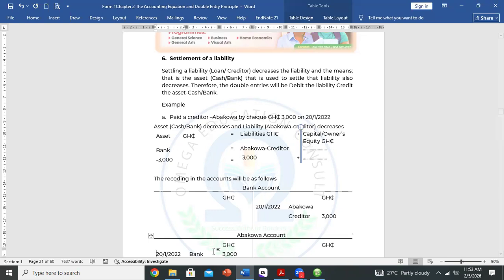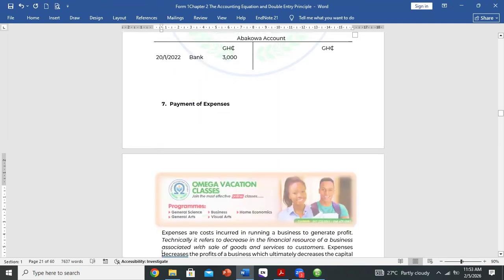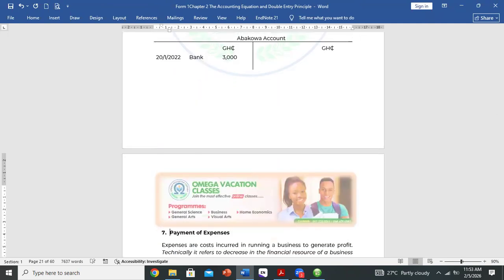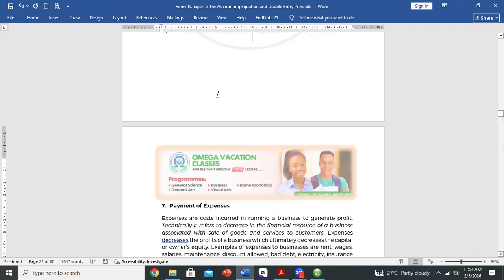That's why we debit Abakwa's account and credit the bank, because the bank asset will be decreasing. I hope that is well noted. Please, any questions on that settlement? No question.